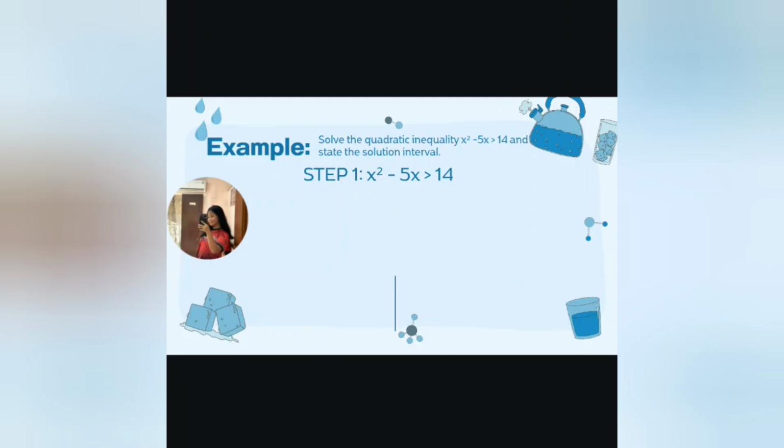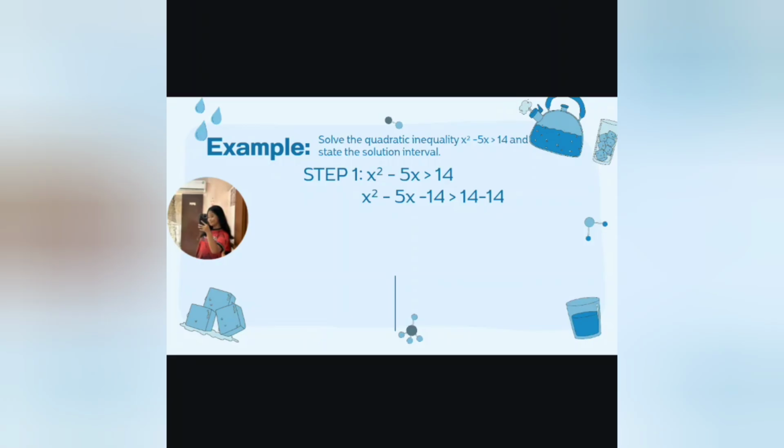So we need to write the inequality in standard form. To make it standard, the right side of the inequality symbol should be 0, but the number there is 14. So we move this 14 to the left of the inequality and do the same on the right.